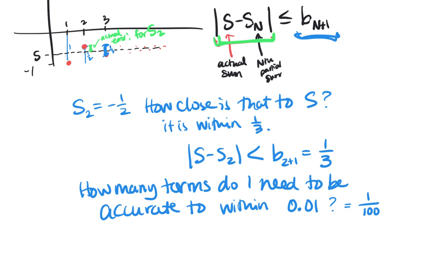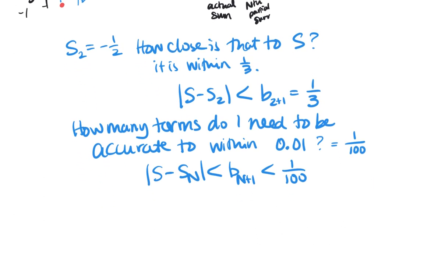So I want S minus Sn to be less than B sub n plus 1, which I want to be less than 1/100. Well, what is B sub n plus 1? For my particular series, my Bn plus 1 would be 1/(n plus 1). I want that to be less than 1/100. Okay, and this one's going to be pretty easy.